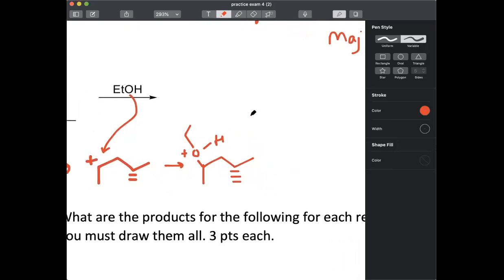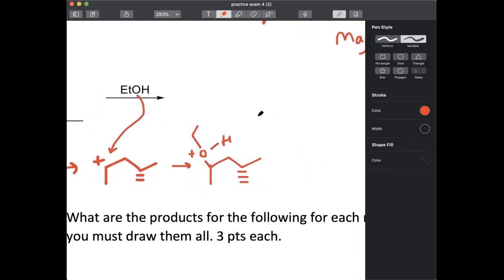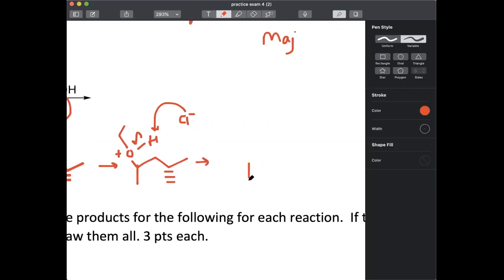Yeah, deprotonation. I'll use chlorine. And that is your SN1 product. Is this product racemic?